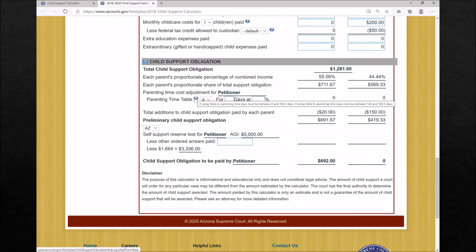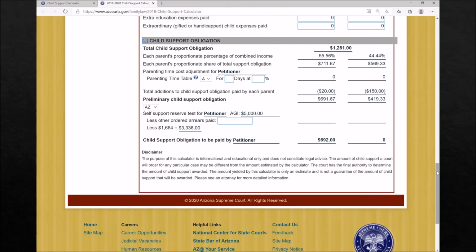Basically, this says that if a parent spends a significant amount of time with the child, then it is expected that the non-custodial parent will be making some living expenses for the child. So we can give them credit for that. If that is the case, then you enter that here. Of course, then you have to prove to the judge why that is the case. But feel free to enter that here if that is the case for you.